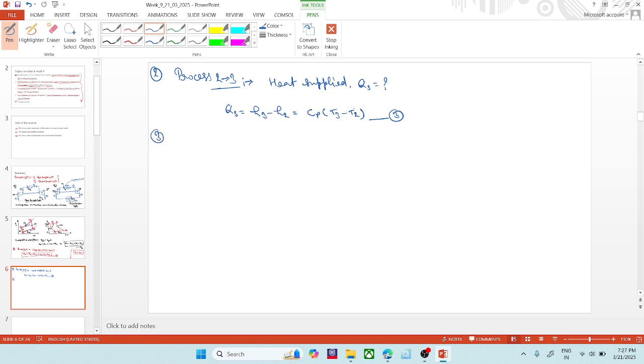Process 3 to 4 is the turbine work output.